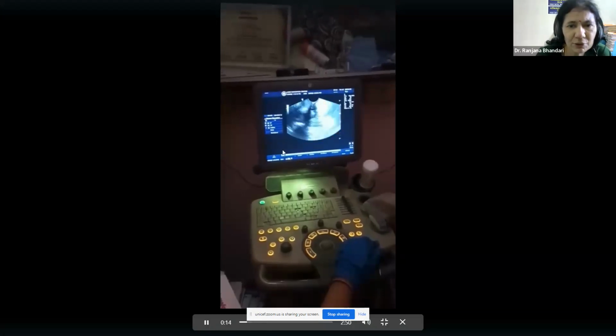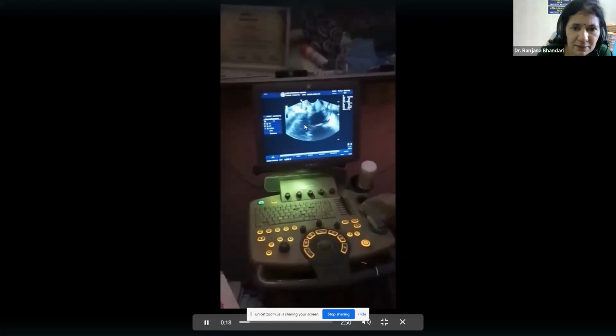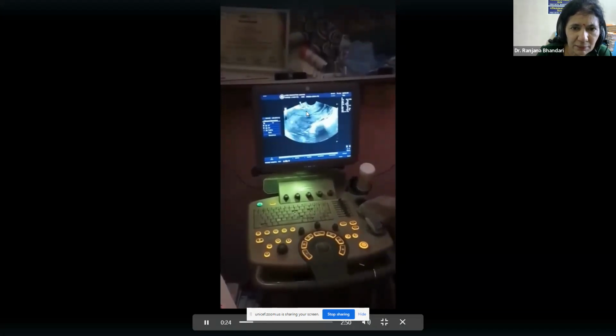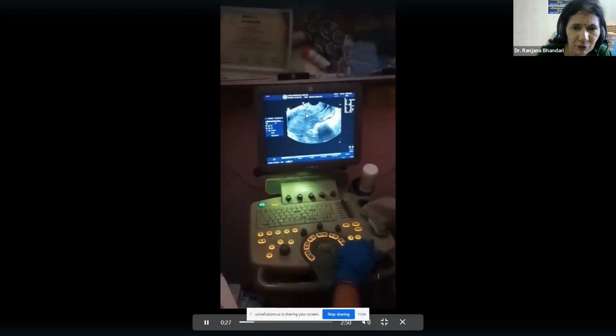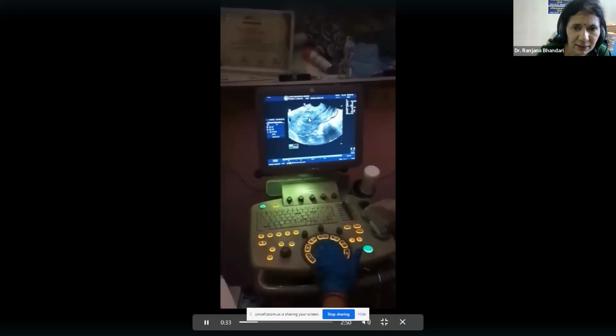I have introduced the probe, and see, this is the uterus. It's an anteverted uterus. This is the bladder, and this is the anterior part of the myoma. This is the posterior part of the myoma. This is the endometrial cavity. See, this is the endocervical canal, and this is the endometrial cavity.